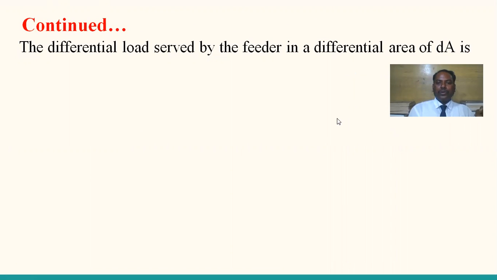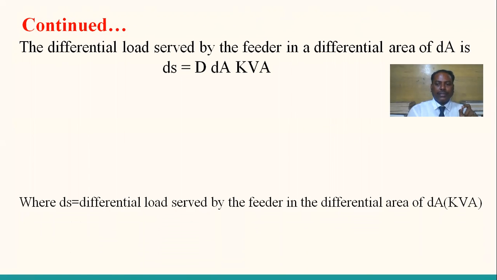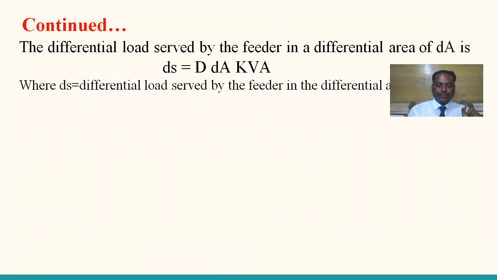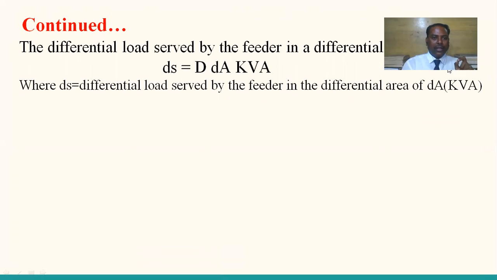The differential load served by the feeder in the differential area dA is denoted as ds, which is equal to d into dA kVA, where ds is the differential load served by the feeder in the differential area dA.